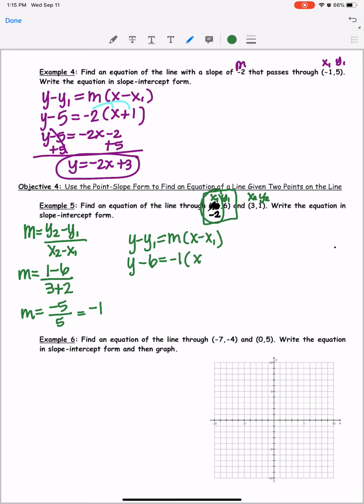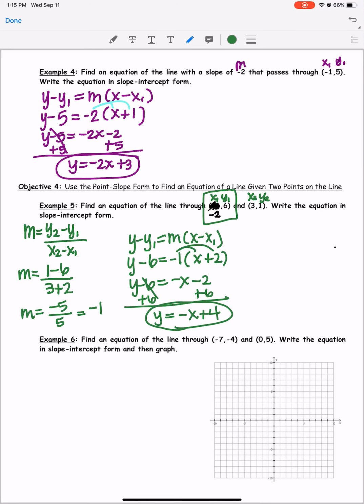So minus that -2 is going to become +2. So distribute, we get y minus 6 equals -x minus 2. And then your last step is to add this 6 over. So we get y equals -x plus 4.